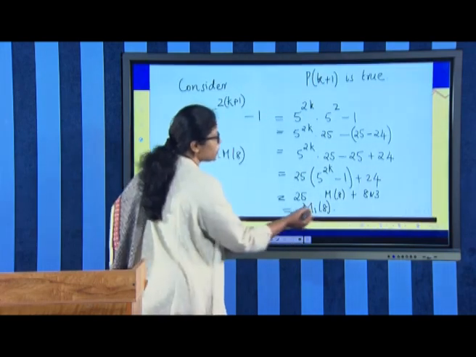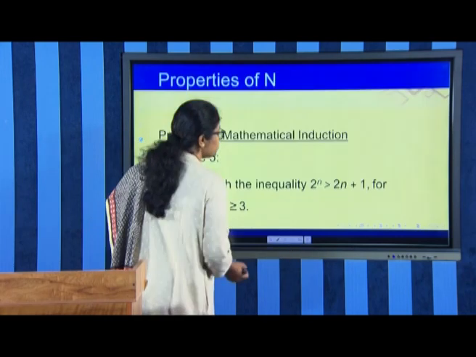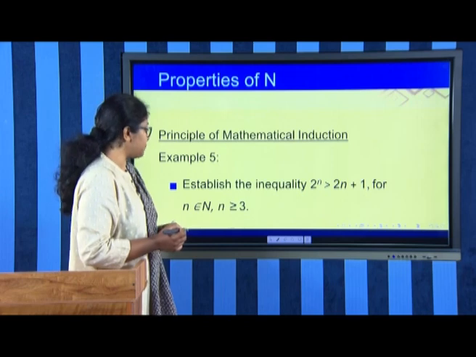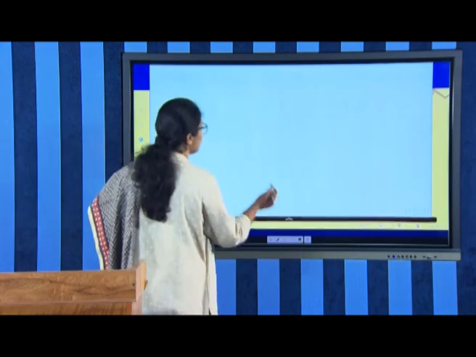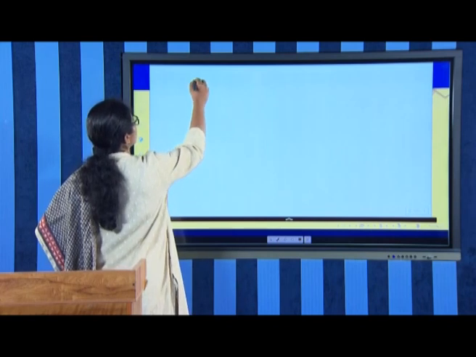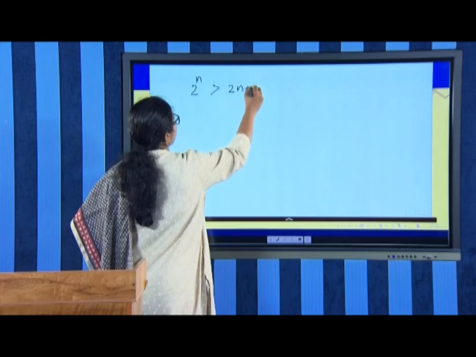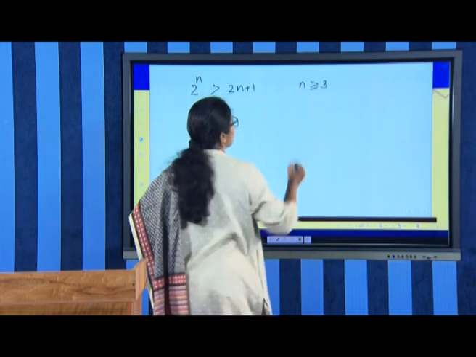So, the inequality that we are going to establish is 2 power n is greater than 2n plus 1 for n greater than or equal to 3.